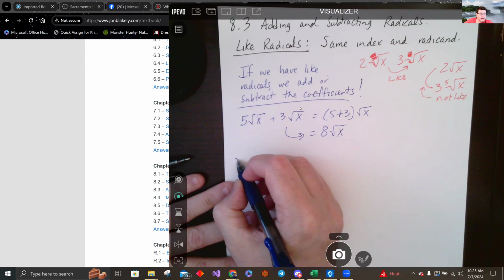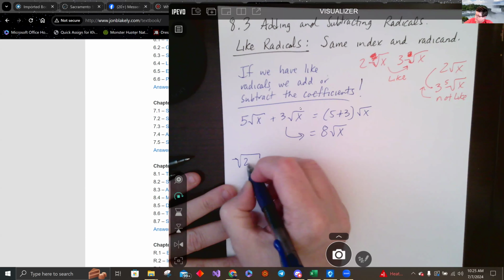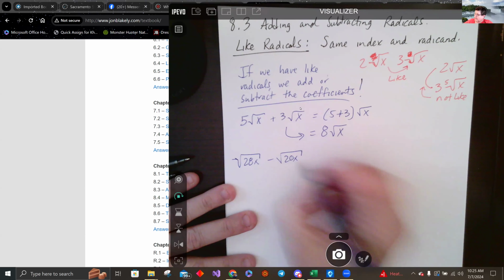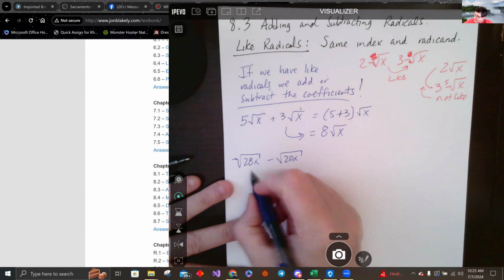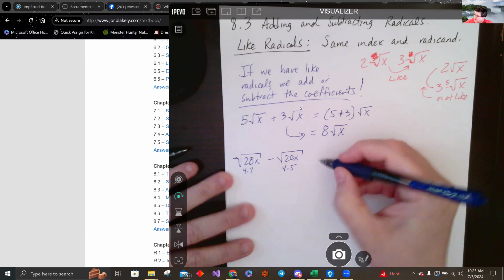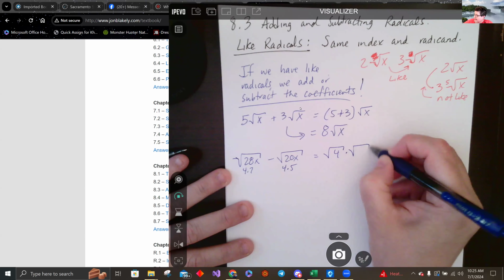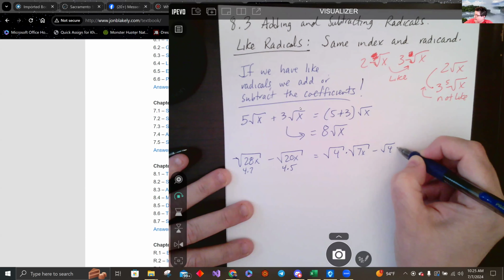If we have the square root of 28x minus square root of 20x, this is 4 times 7. This is 4 times 5. I can do this as square root of 4 times square root of 7x minus square root of 4 times square root of 5x.